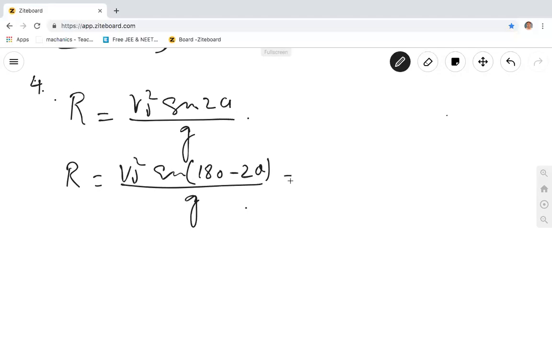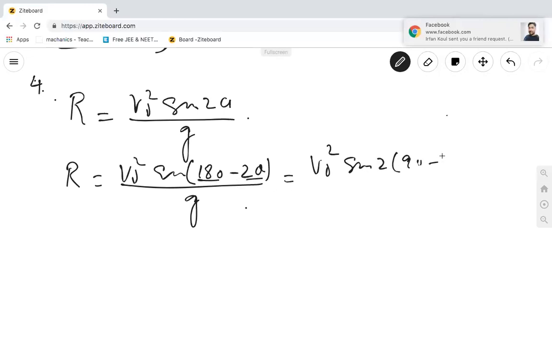Is there any difference? No, sir. If you say what is sine of (180 minus 2 theta), the answer is sine 2 theta. So why not replace this by this? So V0 square sine of 2, common can be taken from here, so it is (90 minus theta) by g.